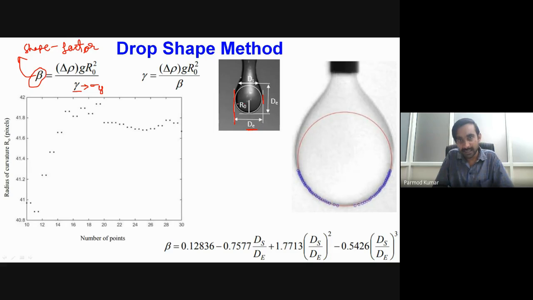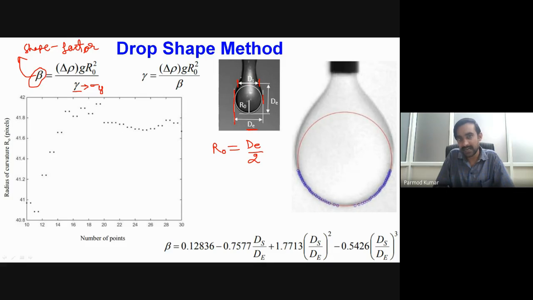Then we fit a circle at the apex, which gives us the radius r naught, and this r naught equals dE divided by 2. Now if we move in the axial direction at a distance of DE from the apex of the drop, and measure another diameter, it is specified as DS.